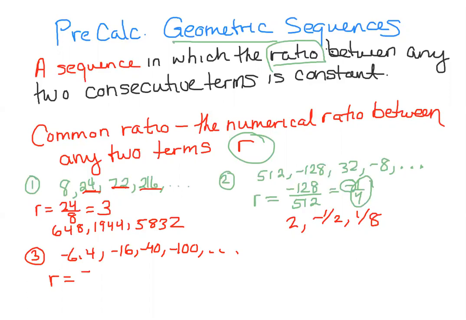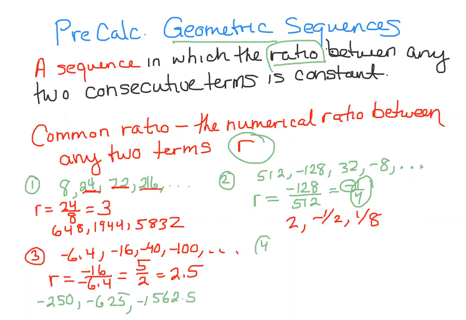If we take the first two, negative 16 over negative 6.4, the negatives cancel, and you get 5/2 or 2.5. And that is R. Then the next three terms: negative 100 times 2.5 is negative 250, negative 625, and negative 1,562.5.